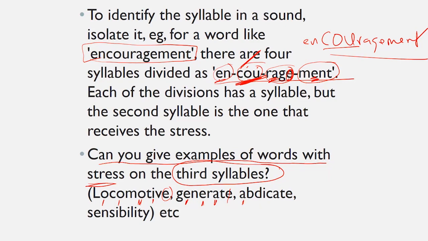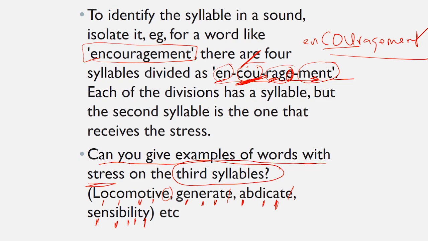Then you have one syllable here, this is another syllable, this is another syllable, that is not pronounced. We have one syllable here, another one here, another one here, another one here, then there's another one here, even though it is not identified. But the question says, give examples of words with stress on the third syllable. Can you do that?